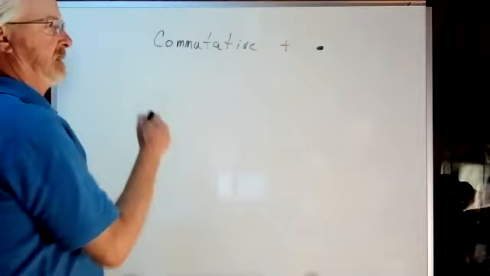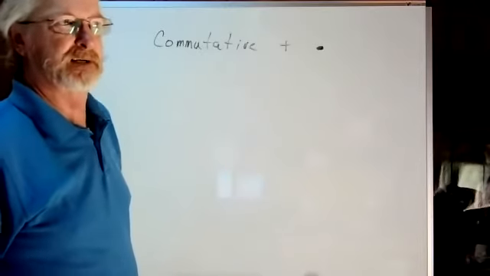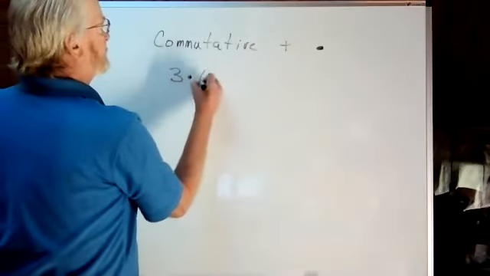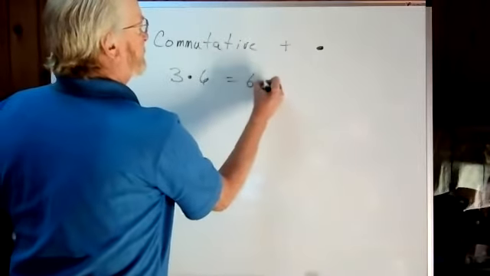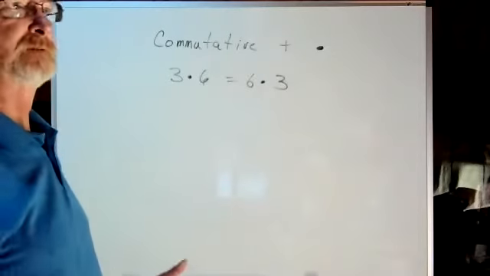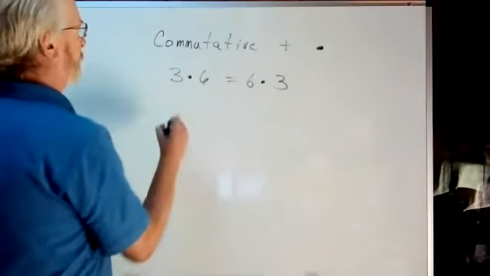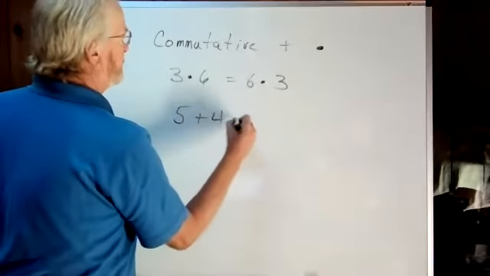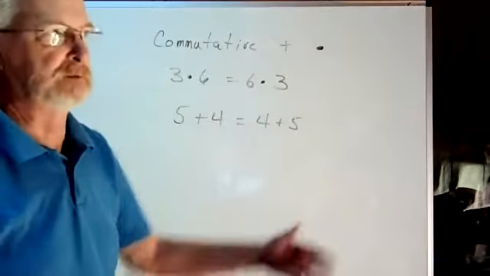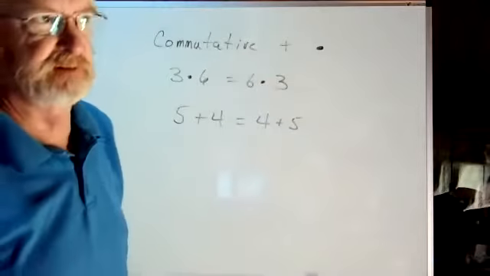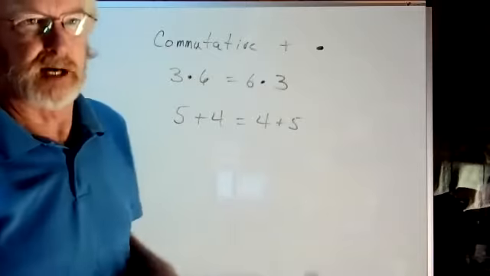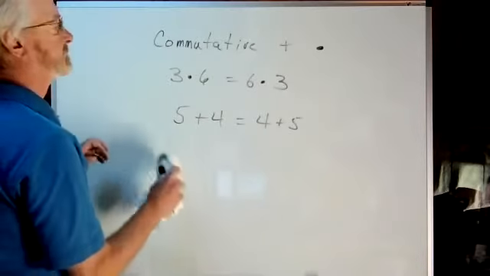It basically says the order in which you perform the operation doesn't change the result. 3 times 6 is the same as 6 times 3. You can change the order in which you perform a series of multiplications or additions. Sometimes it's helpful to move things around and do certain things first. It's basically what the commutative property says. The order doesn't matter.